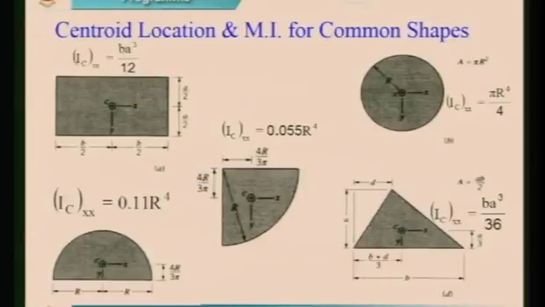For a circle, pi r 4 by 4 or pi d 4 by 64. For a semicircle, 0.11 r to power 4, for a quarter circle 0.055 r to power 4, and for a triangle bh cube by 36. So these are the formulas you should remember. We are going to use these standard formulas in our numericals.